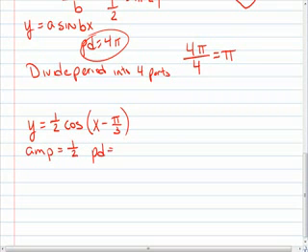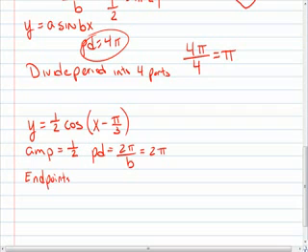My period is 2 pi over b. B is the number beside x, and in this case it is just 1. So the period is 2 pi. But what has happened here is that the graph has been shifted left or right. It's been shifted horizontally. So we need to determine when a period starts and ends.